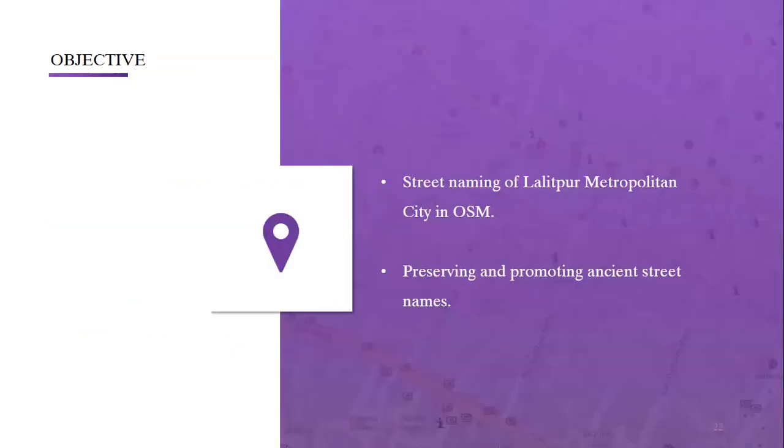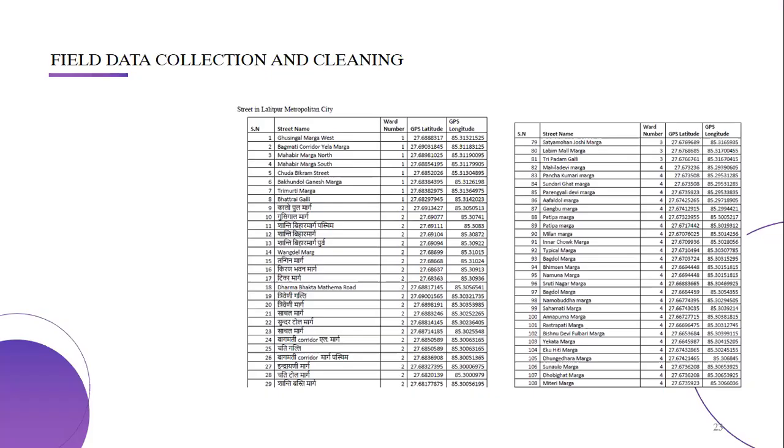So the objective of this street naming is to find out the exact name of the streets in Lalitpur Metropolitan City and add those names on the OpenStreetMap. And it also includes another objective, which is preserving and promoting the ancient street names that have been given since the past. So these were the field data that were collected during the street naming project.